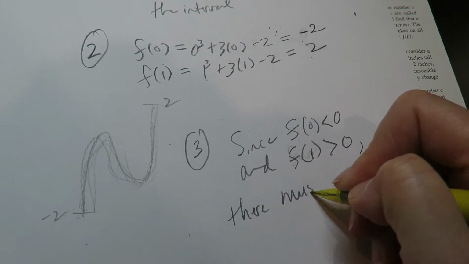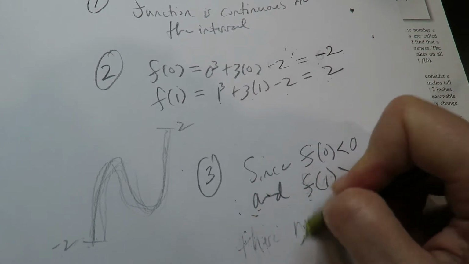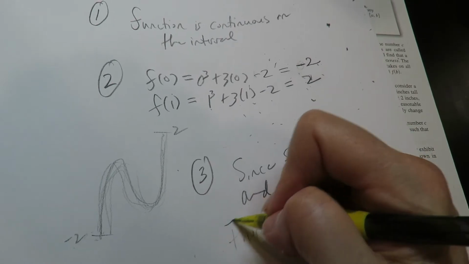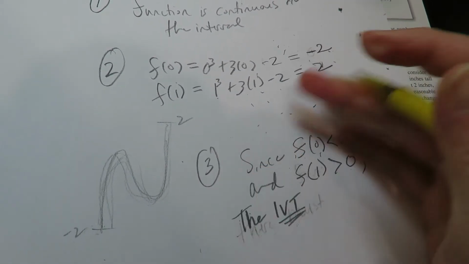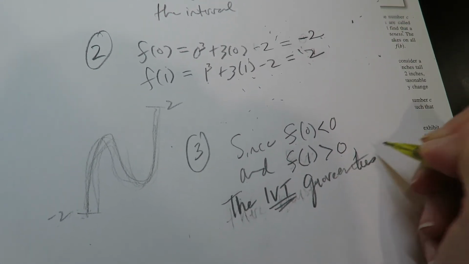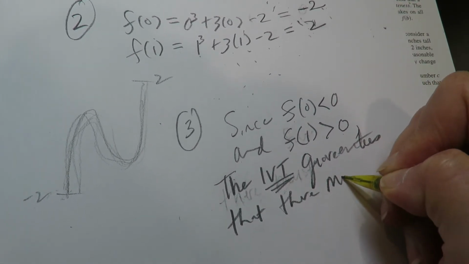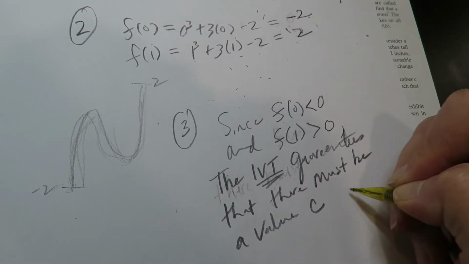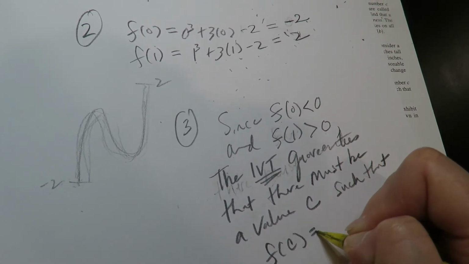There must be, and this is a key part, and you have to have it. The intermediate value theorem, you can shorthand it like I am on the test, it's fine. The intermediate value theorem guarantees that there must be a value c such that f of c equals 0.